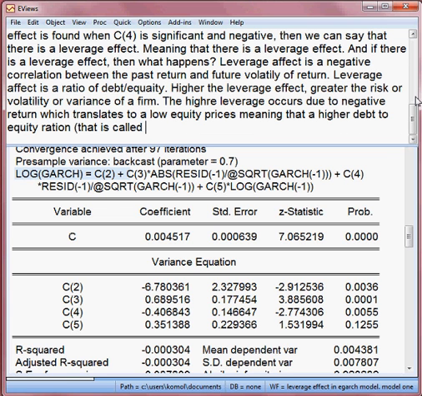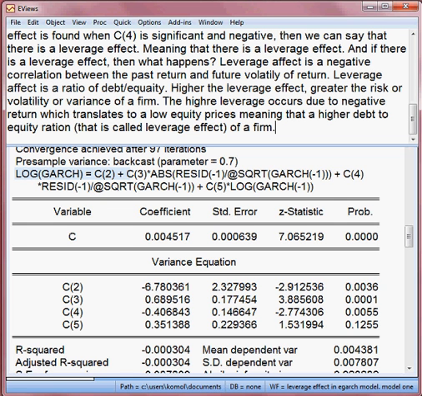That is called the leverage effect of a firm.